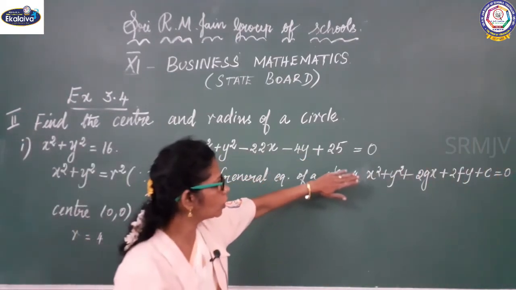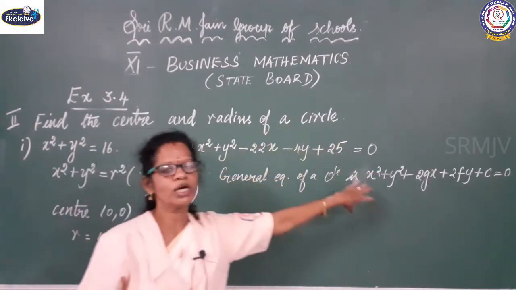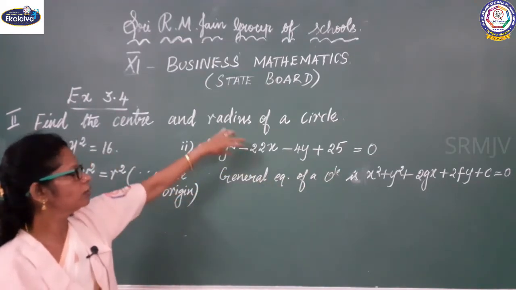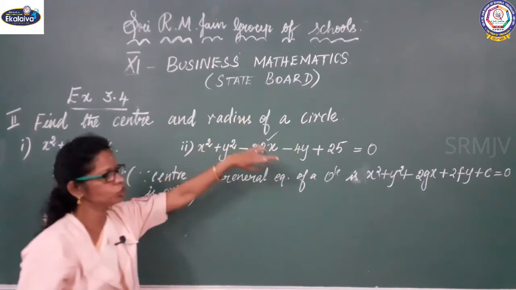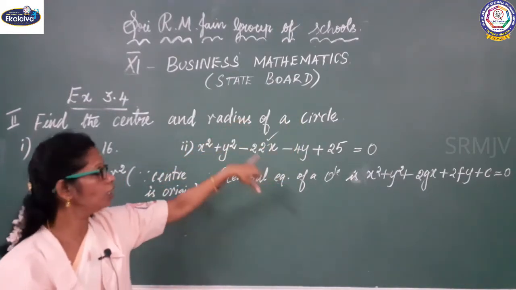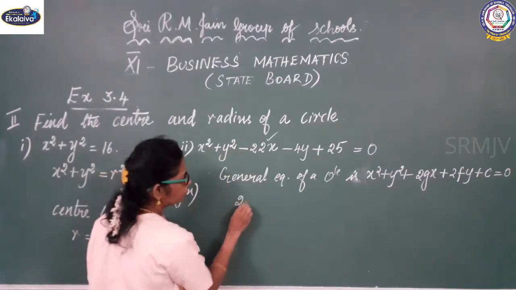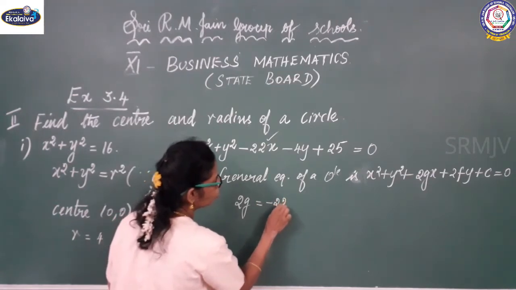You are going to relate the given to the general. Here, what is your 2gx? Come to the question. The coefficient of x in general is 2g. Here it is minus 22. You are going to relate 2g equal to minus 22.